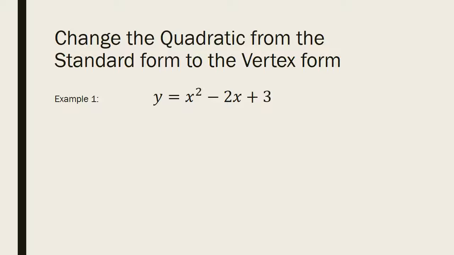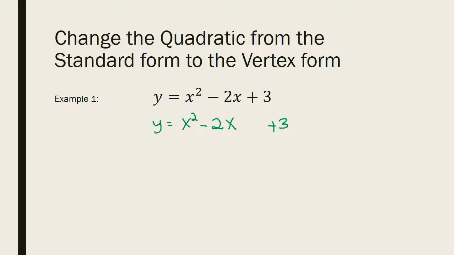I need to make a perfect square to be able to have the vertex form. That means I'm going to have to take the first two terms of the quadratic and make a space after that to add a number that allows me to have a perfect square, and move the 3 away a little bit.